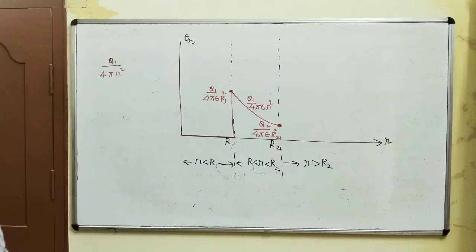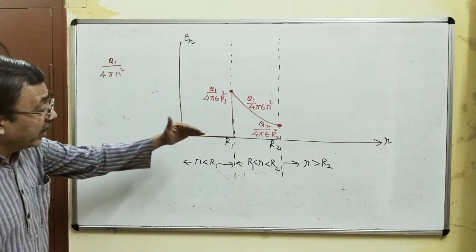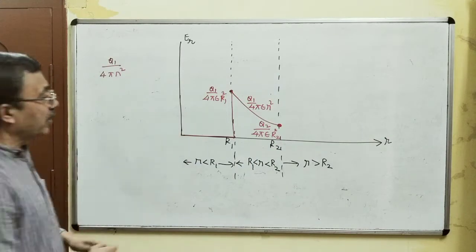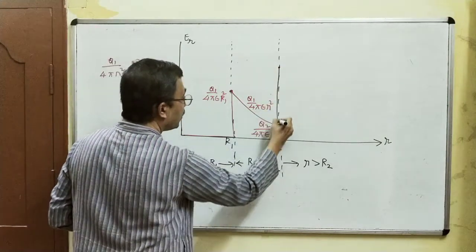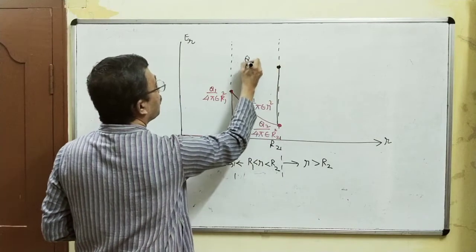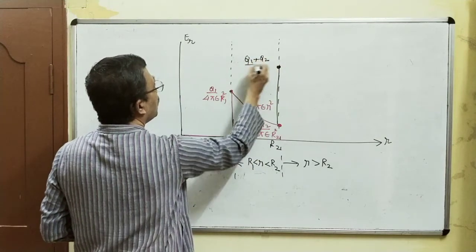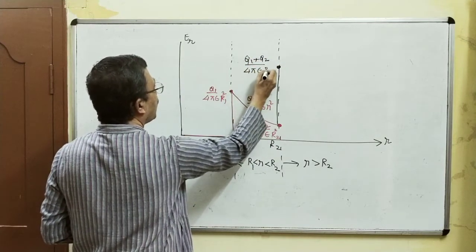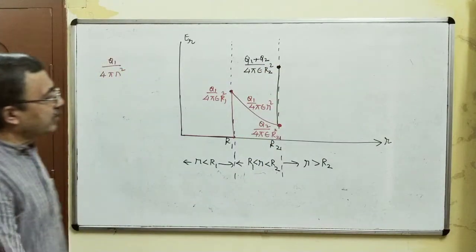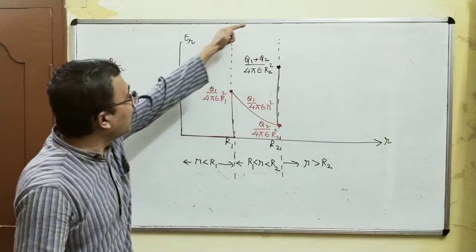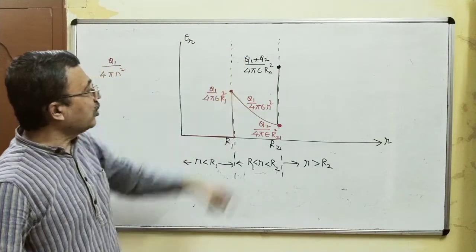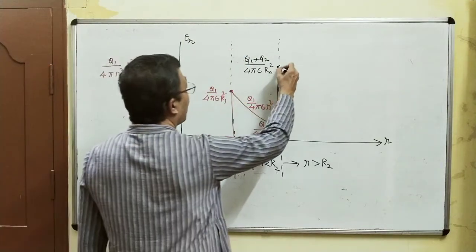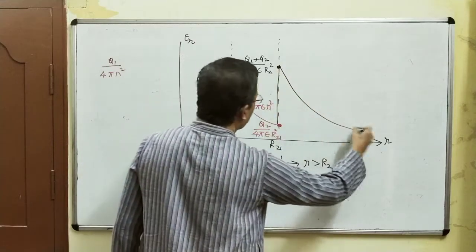In case number 3, at r equal to r2, electric field intensity jumps abruptly to a new value, q1 plus q2 divided by 4 pi epsilon r2 square. For r greater than r2, it falls in the form of inverse square law.